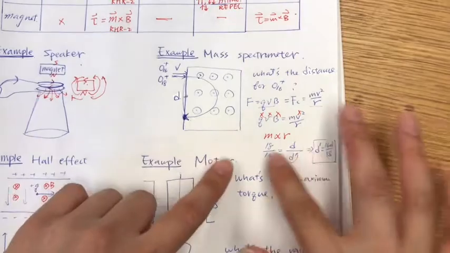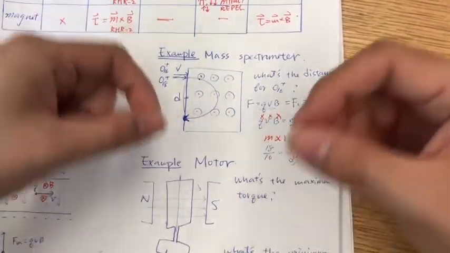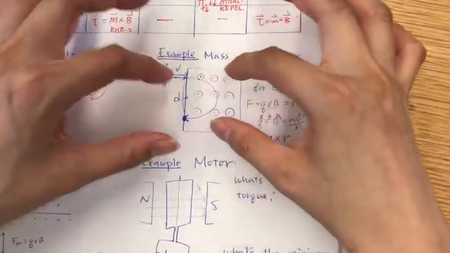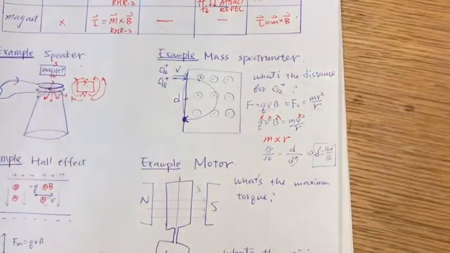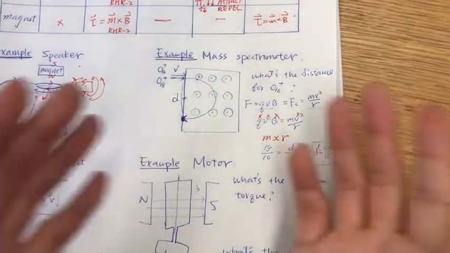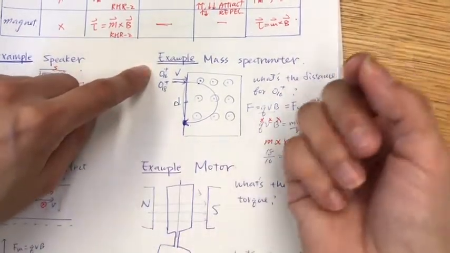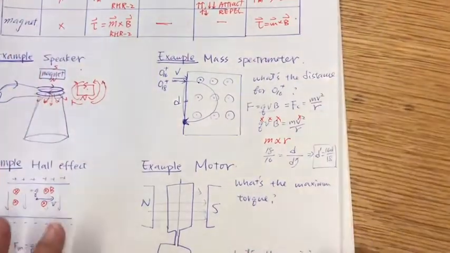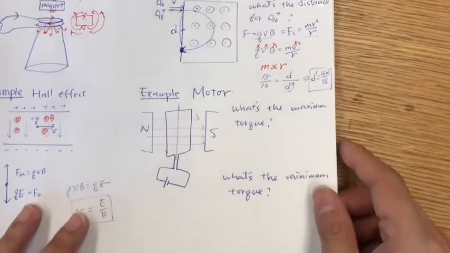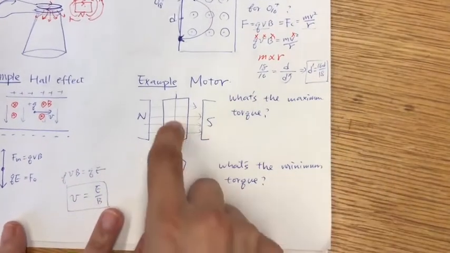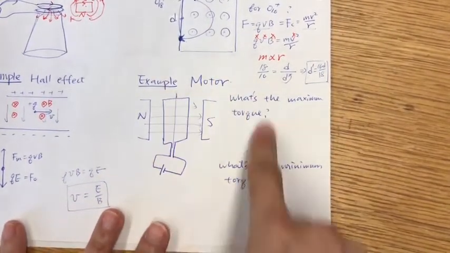All right, so you can use this kind of physics to design your experiment so that you can separate your ions, or find out the concentration of a particular type of ion in a pool. So that's the mass spectrometer, and now I'm going to talk about what a motor is.